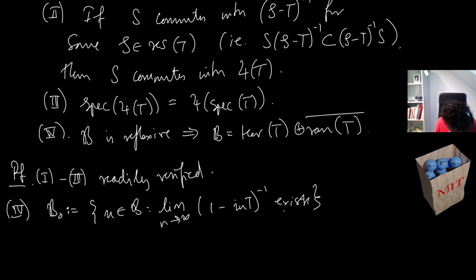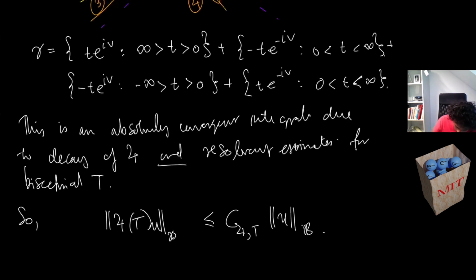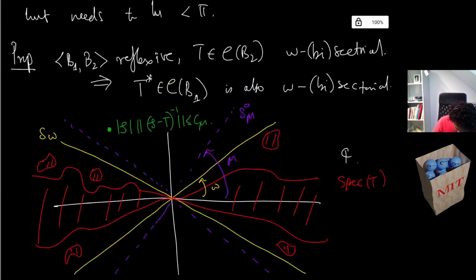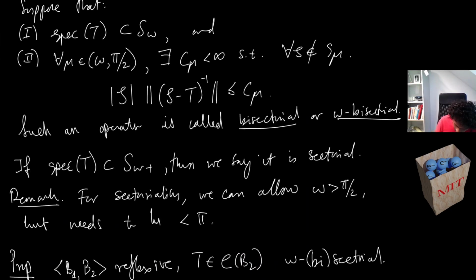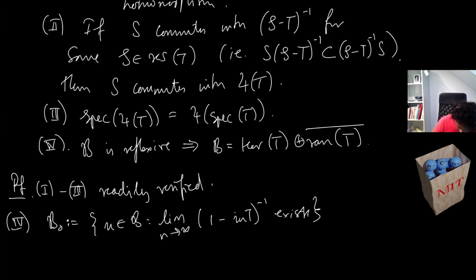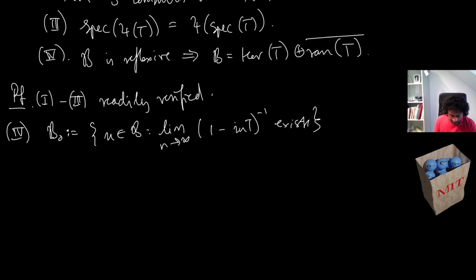We can talk about this because remember, along the imaginary axis, if we read off these resolvent estimates, we have uniform control as we approach 0. So in some sense it's saying that we can cut through 0. The resolvent estimates are nice, so we can ask for this limit to exist.